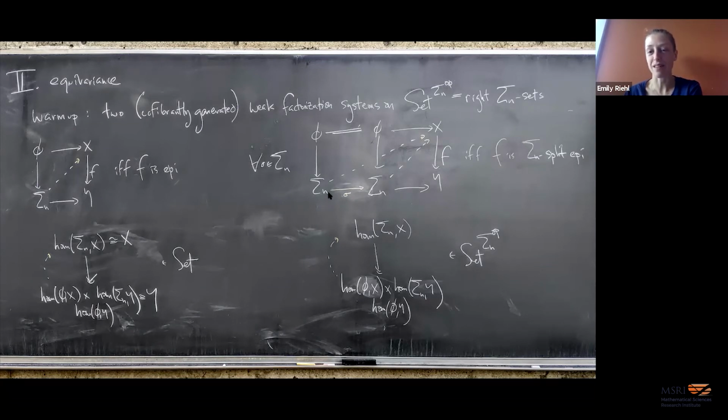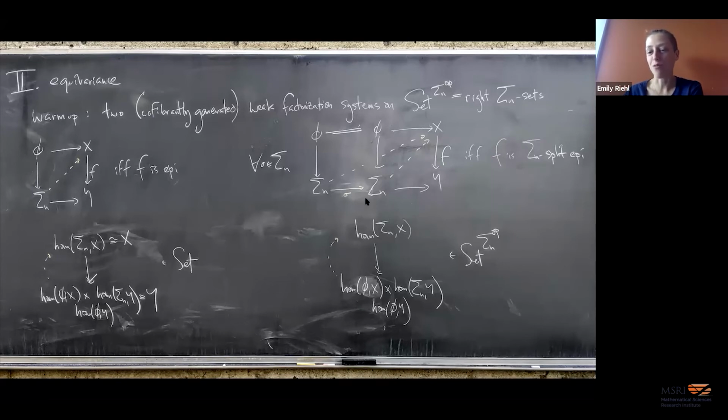So these left multiplication maps by precomposition give this Hom set a right sigma n action. So if I think of this as being an epimorphism in the category of right sigma n sets, now having this lifting property that's equivariant amounts to having a section, but in this category.